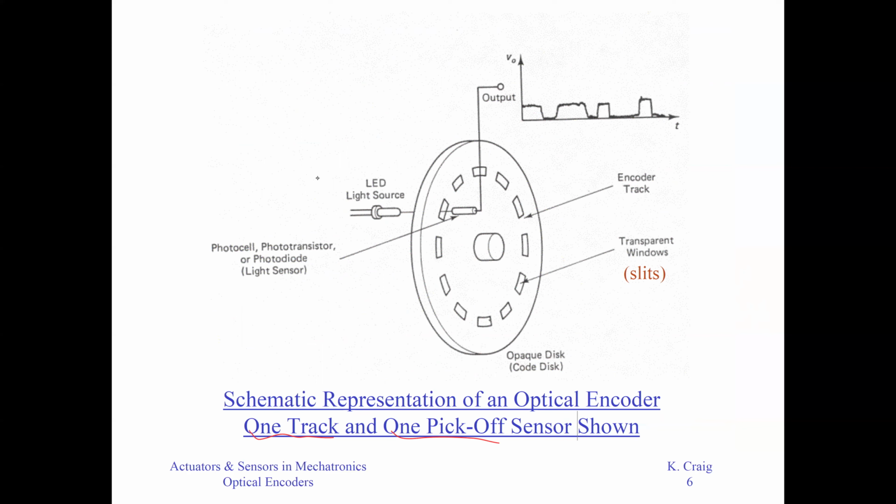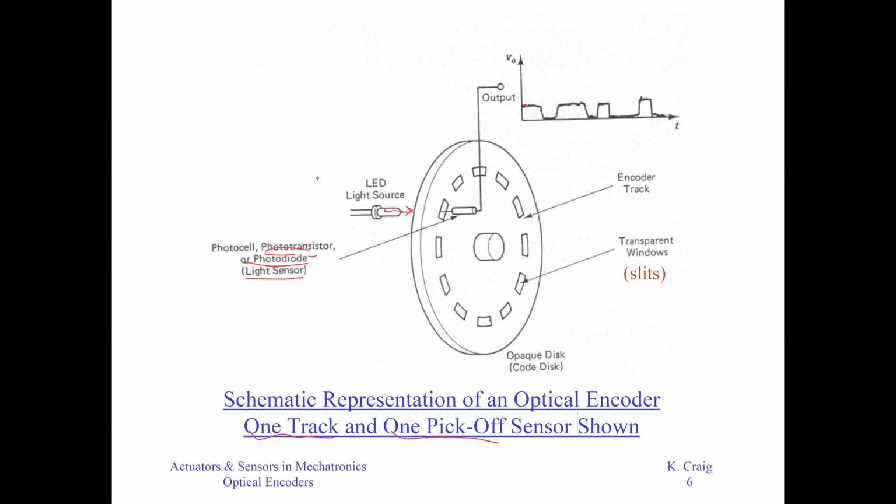The light beam gets to a photocell, photo transistor or photodiode, so that when you have light, you will generate an output. When you have light, you have a signal high.